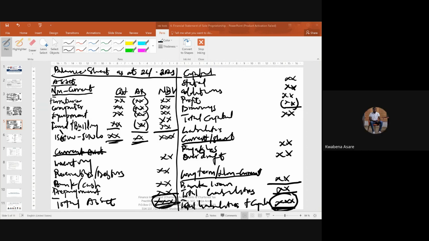Now, what we own as assets, we expect to derive some benefit from. Some of them, we expect to consume those benefits within the next financial year.